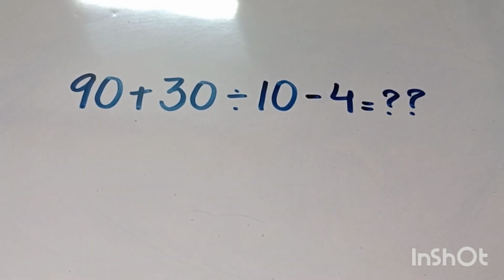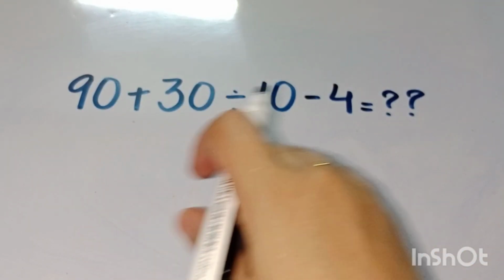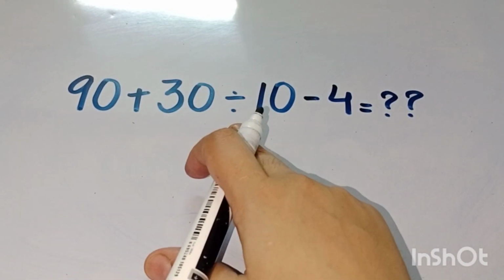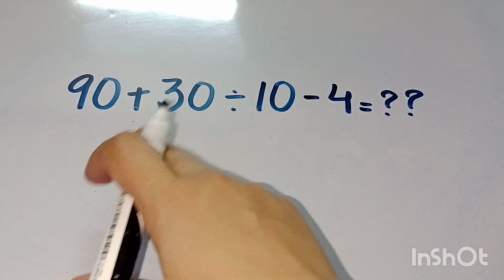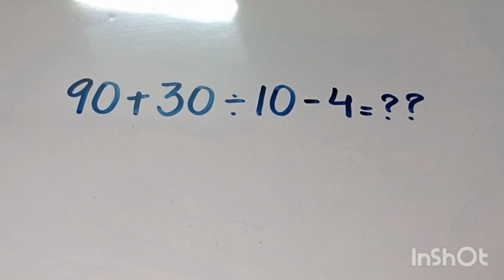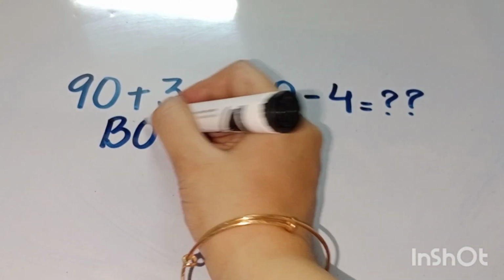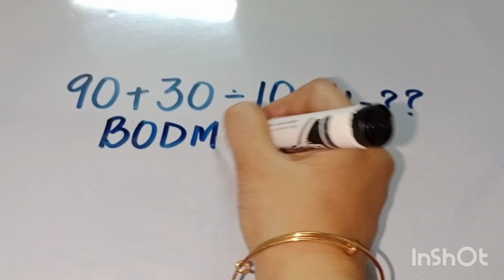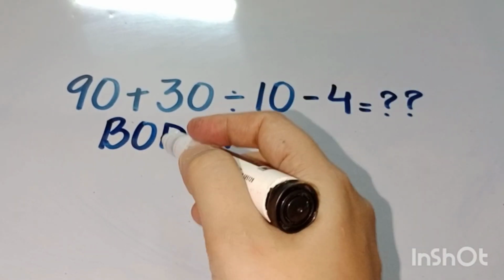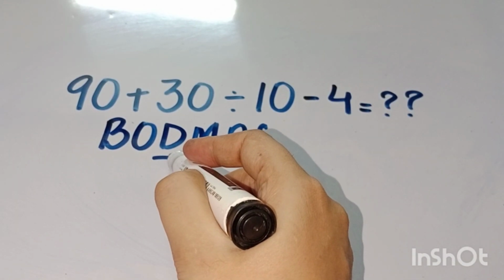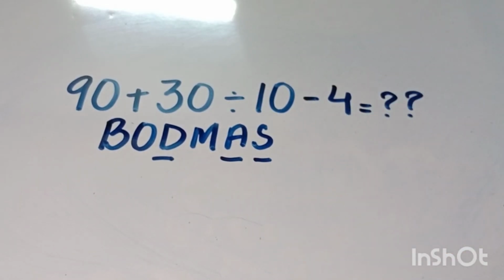Now I am giving you a live proof of this puzzle. Here I have 3 operations: plus, division and subtraction. What will we do first? According to BODMAS rule or PEMDAS rule, here I am writing. I will do my division first, then addition, then subtraction.